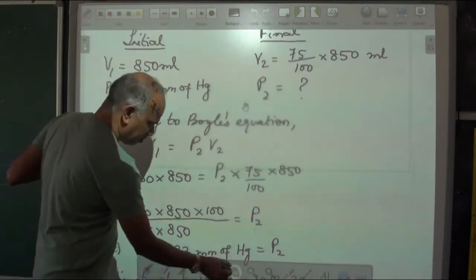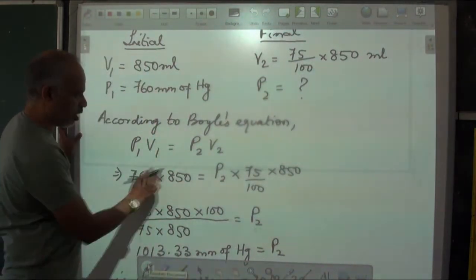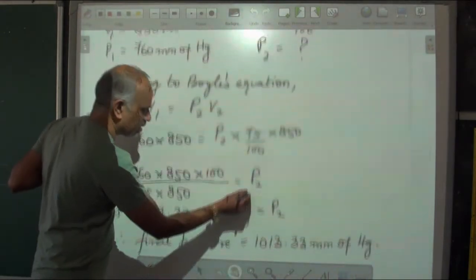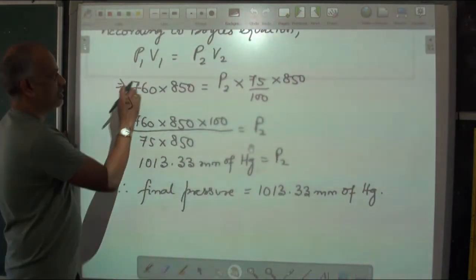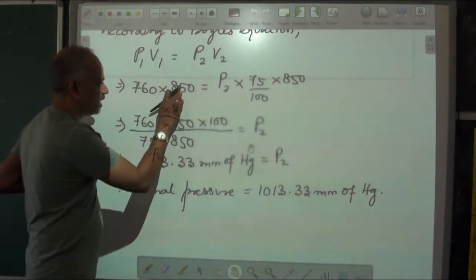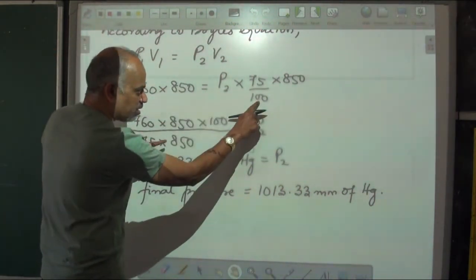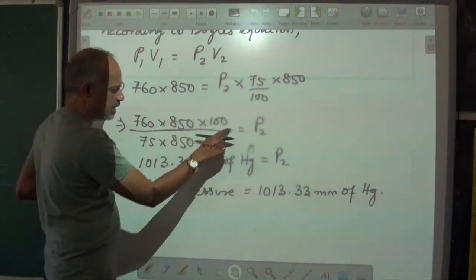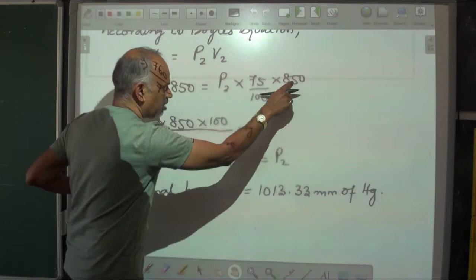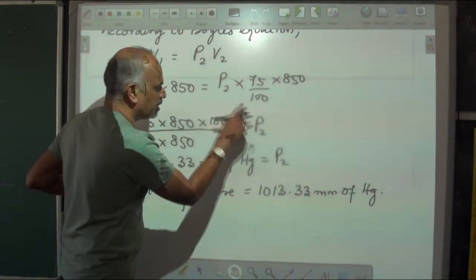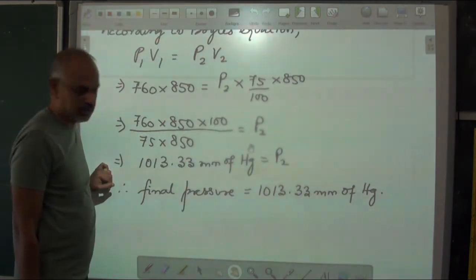You can simplify this on both sides, or you can take all the values together. So 760 is here, 850 is here. The 100 which is in the denominator on the other side comes this side, goes to the numerator, and divided by 75, and 850 goes to the denominator. Is equal to P2, which is what is left on the right side.